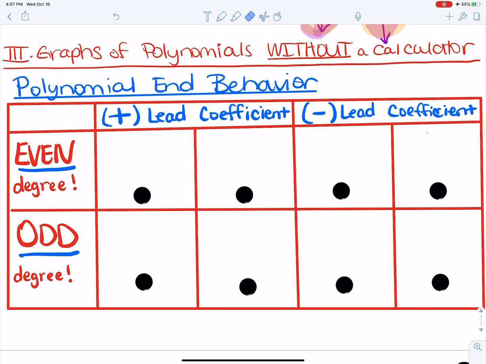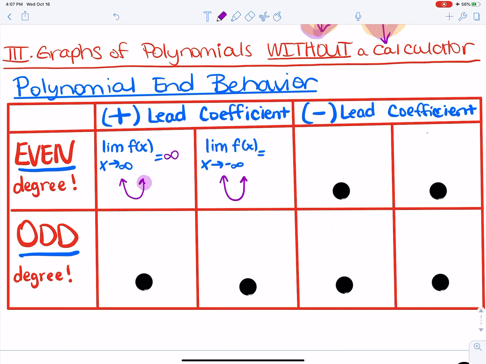So when you have an even degree and it's a positive and you approach infinity, well, first of all, the graph looks like a parabola. And as we approach the right side, it's also positive infinity. But if it's negative, then we are still a positive function in all, so it's still opening up. And this time we're going to the left, and that is also positive infinity.